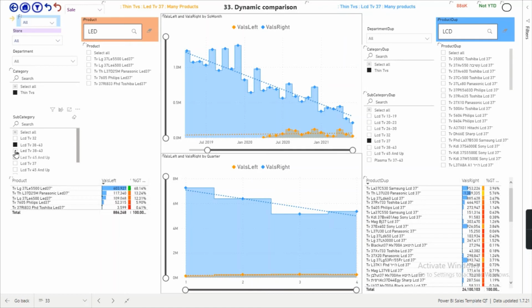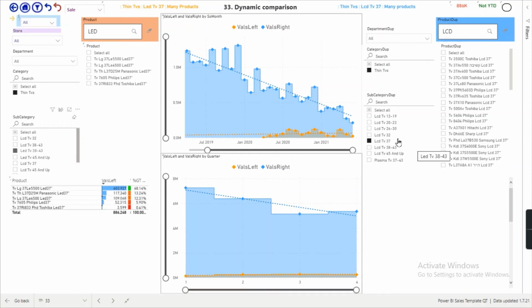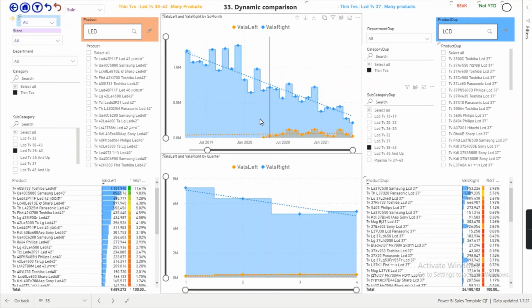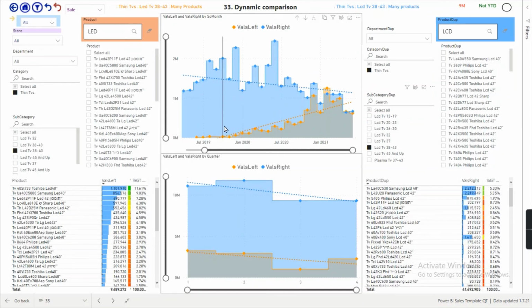Again, I have to be careful to select LED 38 to 43, and LCD same category. And now we see that LED is just now replacing LCD.